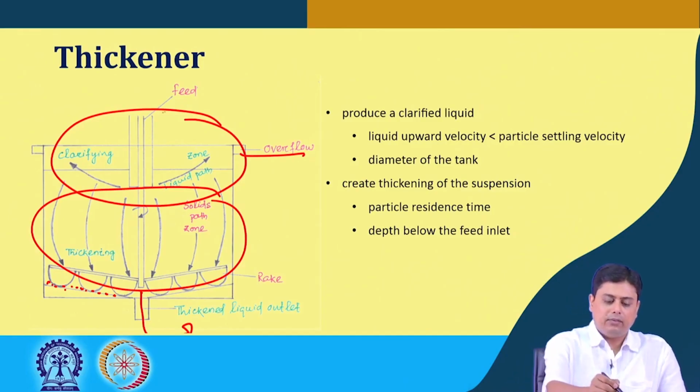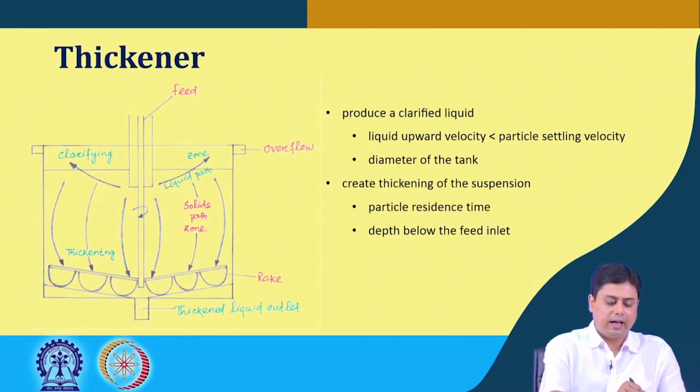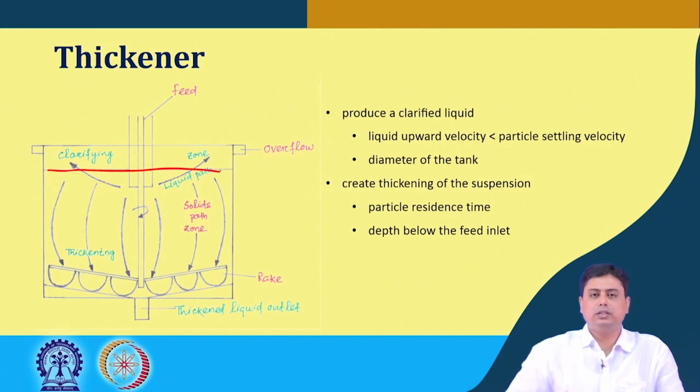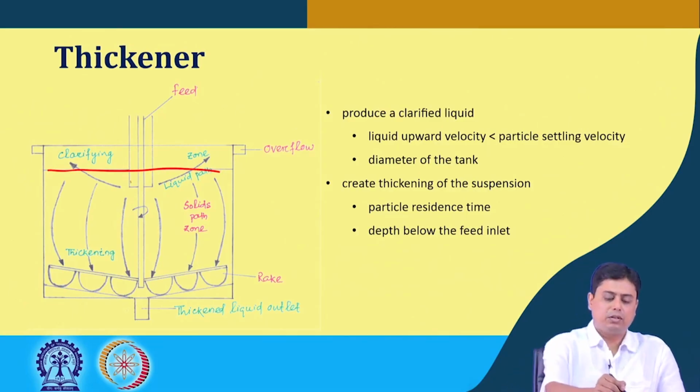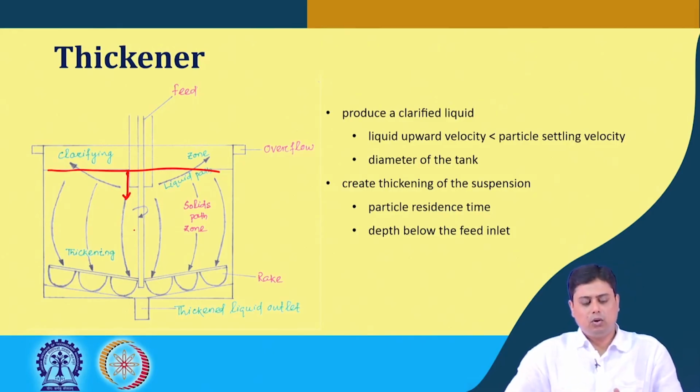Another vital thing is that the feed that comes here is not just left at the top surface of the vessel, or the pool of liquid. It actually comes down a certain depth from the top surface of the vessel, and it is introduced in a possibly less turbulent manner.